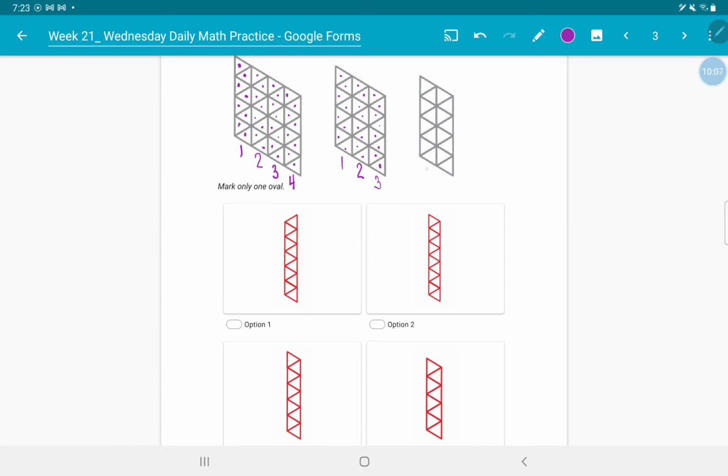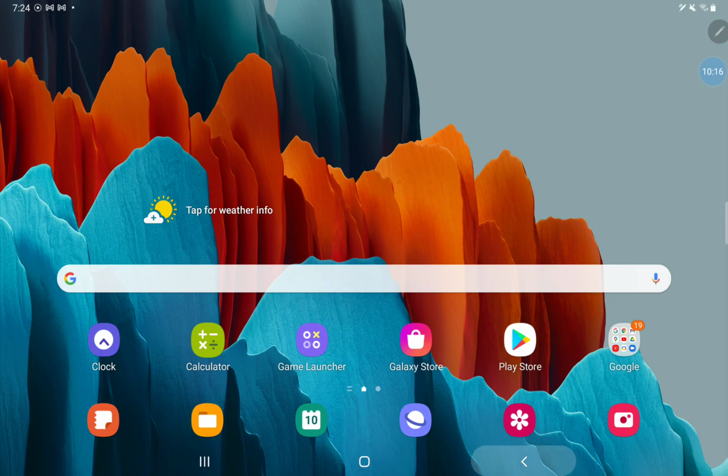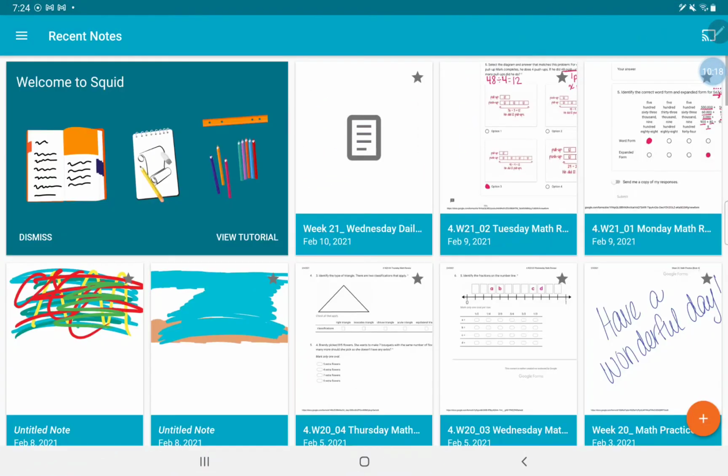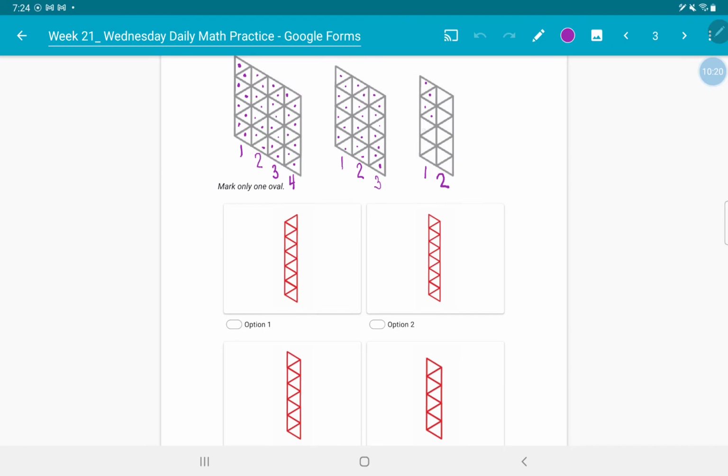This next one we've got 2 columns. Each has 8.